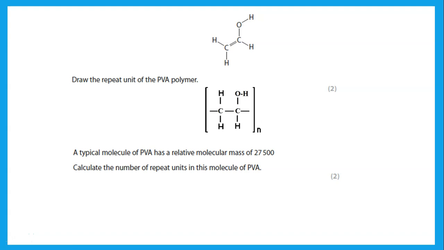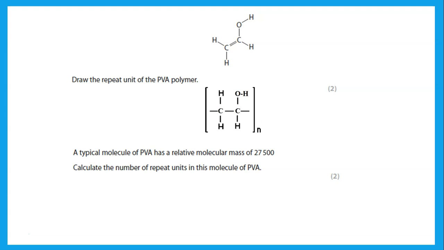A typical molecule of PVA has a relative molecular mass of 27,500. So my polymer that has many of these has a total Mr of 27,500.